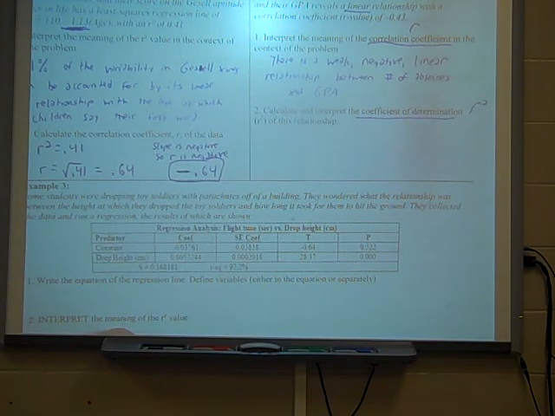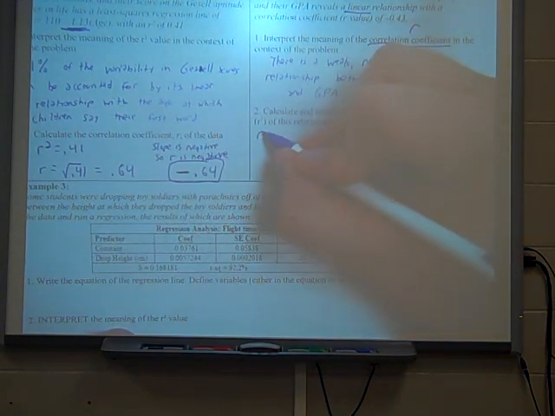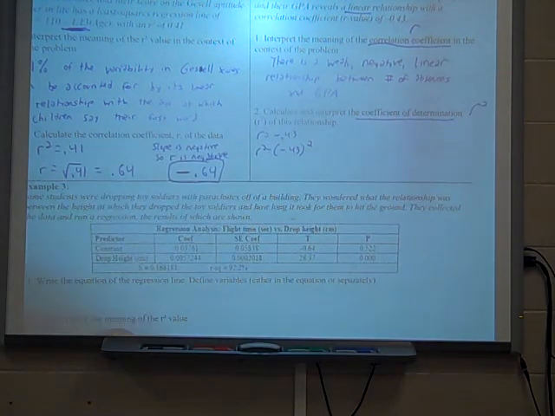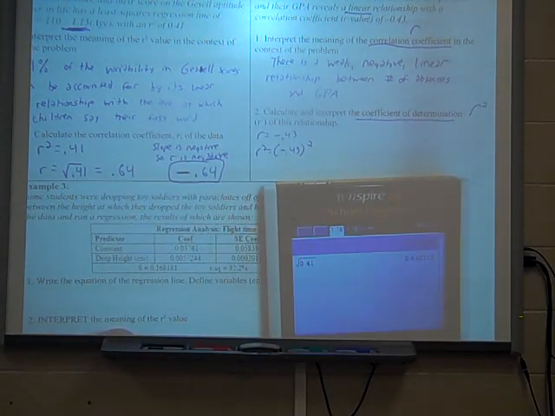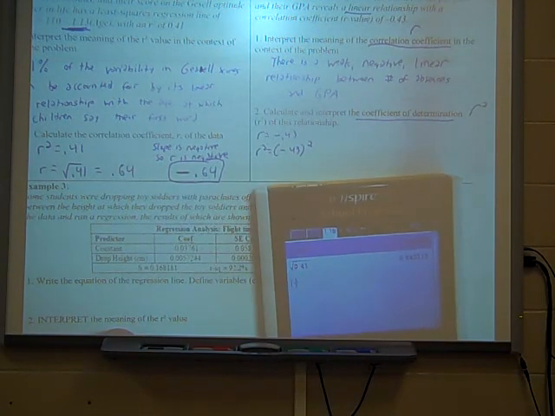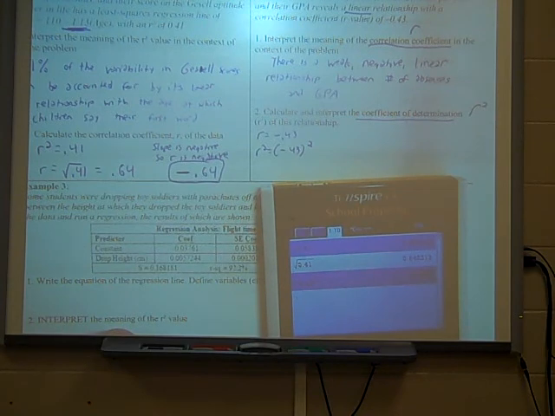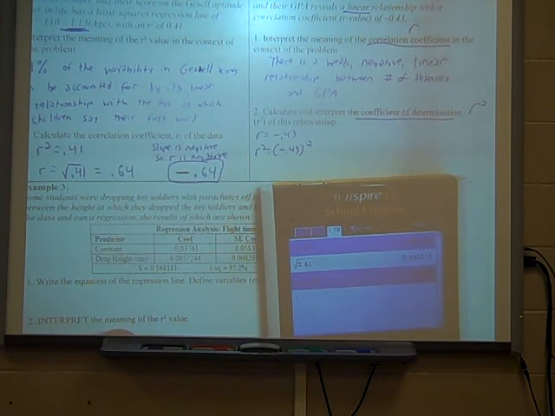So first we've got to calculate it, right? Well, if R equals negative 0.43, R squared is going to be negative 0.43 squared, and let's find out what that is. Again, make sure it's in parentheses, guys, because if it's not, you might get a negative answer. Obviously, R squared is always going to be positive.